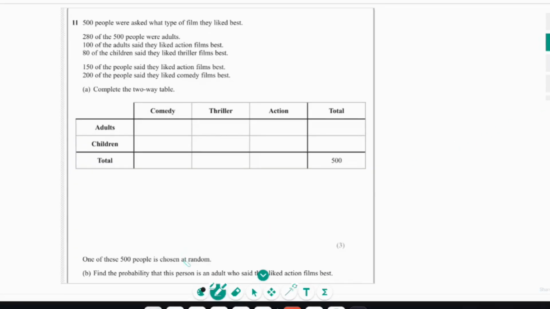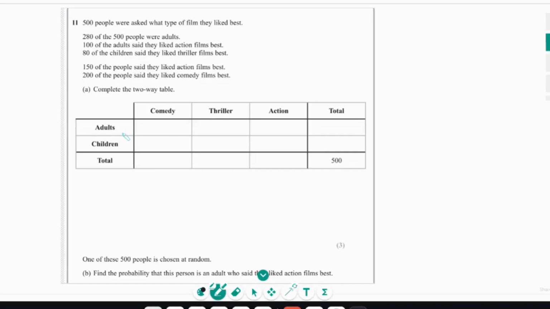500 people were asked what type of film they like best. 280 of the 500 people were adults. 100 of the adults said they liked action films the best.